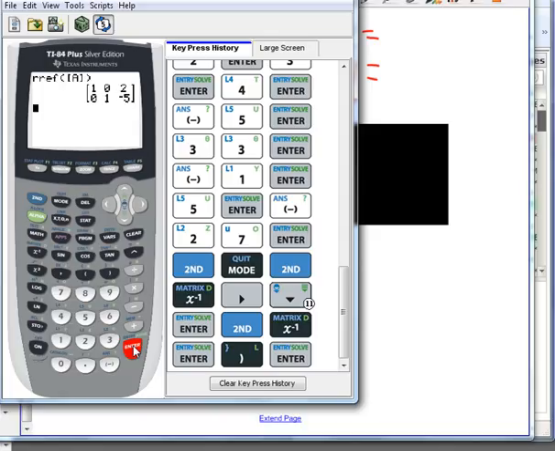Delete. Okay, I don't know what that is. So you go to second matrix, math, all the way down to RREF. Second matrix, there's your 2 by 3. Enter. Close your bracket.